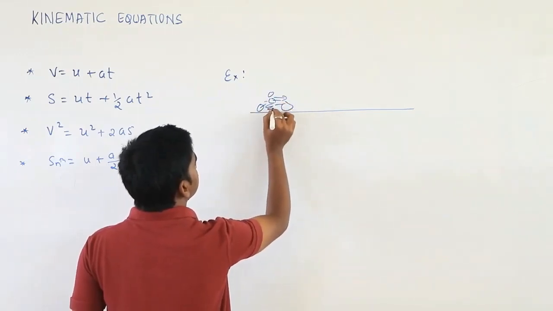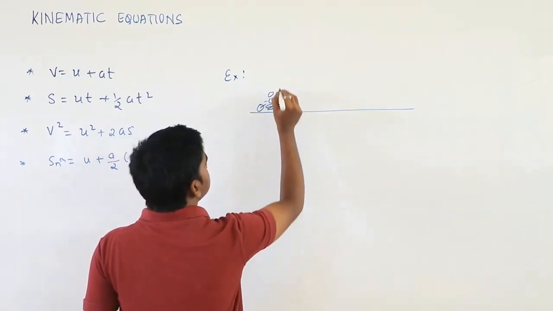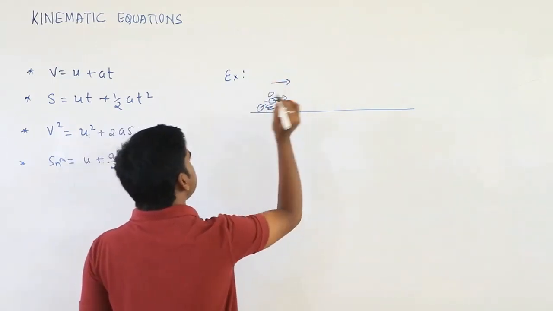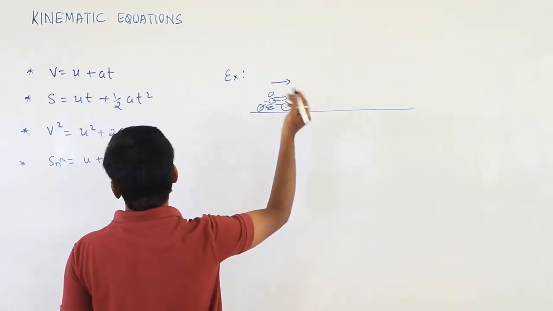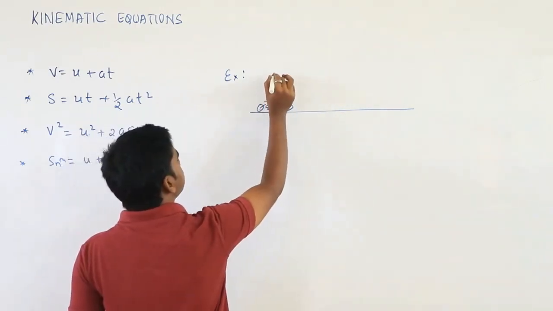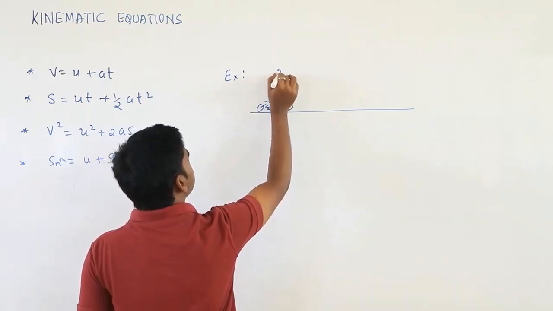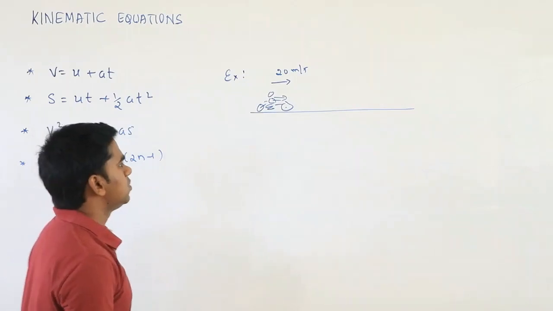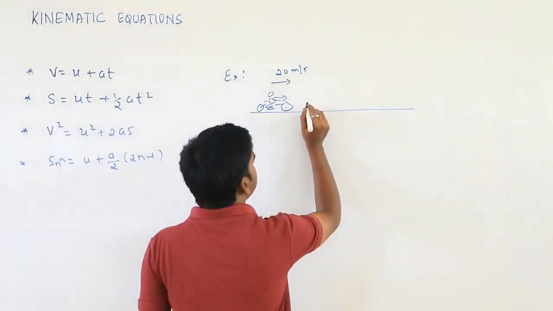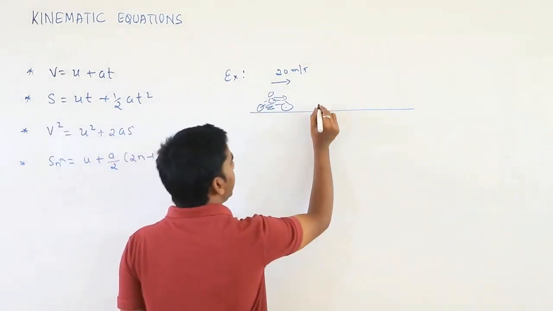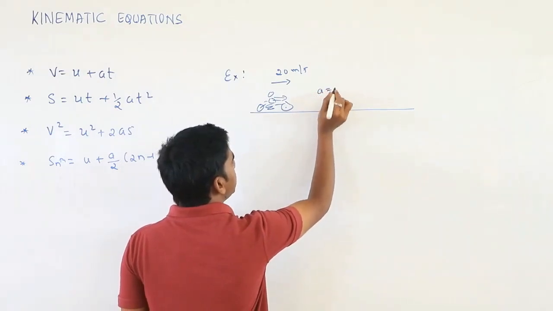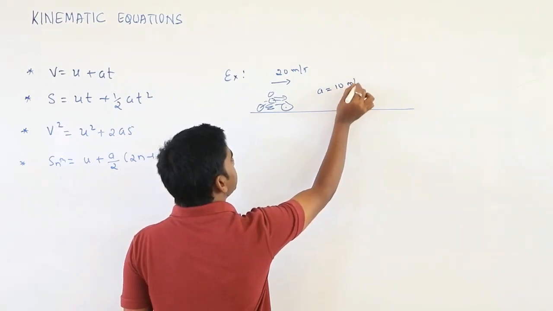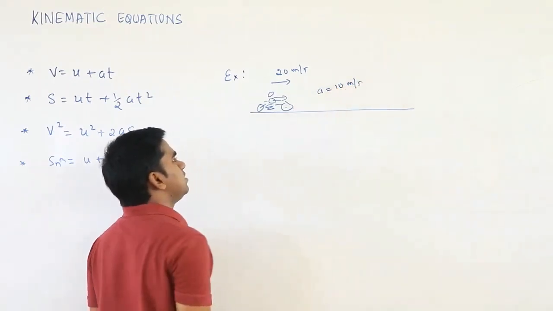So if this vehicle started from rest, or you can take it as already going with some 20 meters per second as the initial velocity. So later what will happen, he starts accelerating.